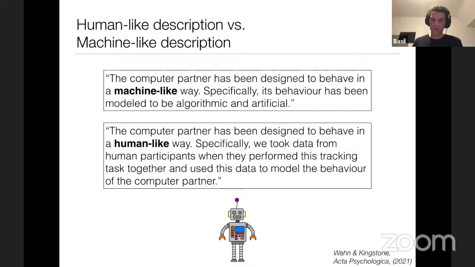In the other description, participants were told the following: the computer partner has been designed to behave in a human-like way. Specifically, we took data from human participants when they performed this tracking task together and used this data to model the behavior of the computer partner. So in essence, they had these two different types of descriptions available. And it was a between subject design, of course.